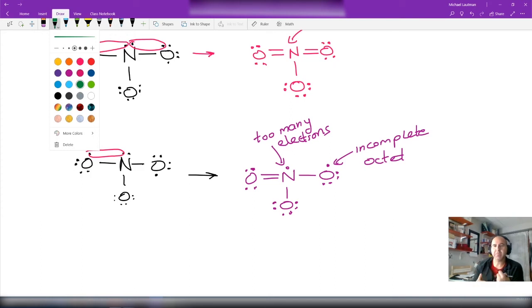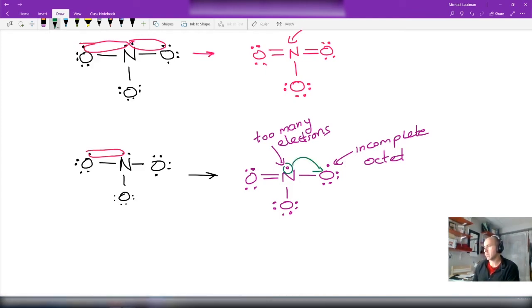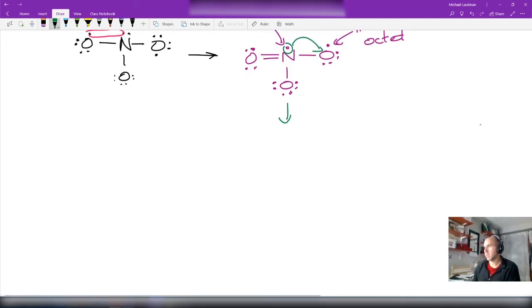So if electrons have an opportunity to pair, they will. And even if it means that this happens, so that we end up with, no, not that.